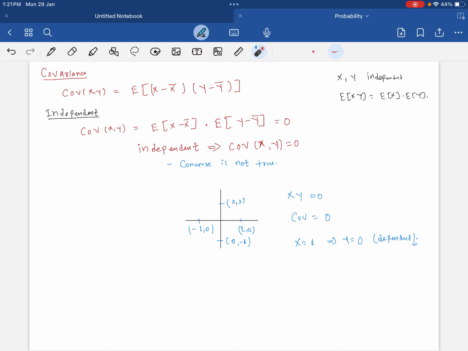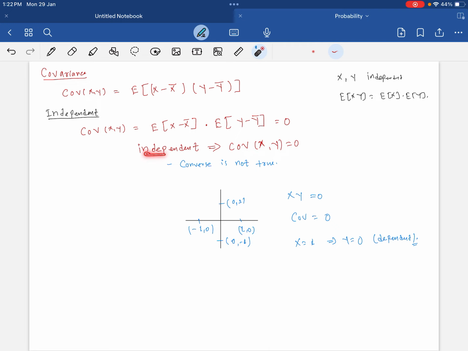But you see that these two random variables, X and Y, are not independent, they are dependent. If you are given the information that X equals 1, then you can tell that Y is going to be 0, right? If you are given that X equals -1, then you can tell as well. So in this case X and Y are dependent, but their covariance is 0, right?